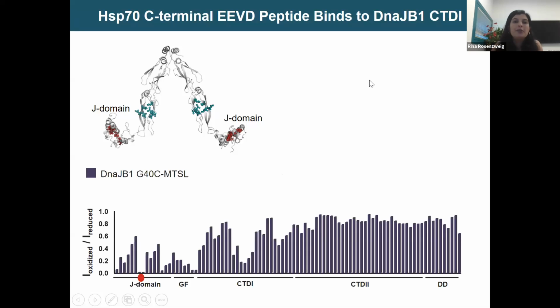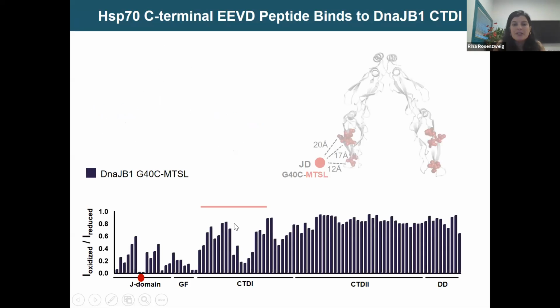To do that, we used paramagnetic relaxation enhancement experiments. We attached a spin label to the J domain, and we measured the intensity differences between the oxidized and the reduced state. You can see here that the intensities of the J domain are of course reduced because we introduced the spin label there, but we also see quite a large reduction in CTD1.